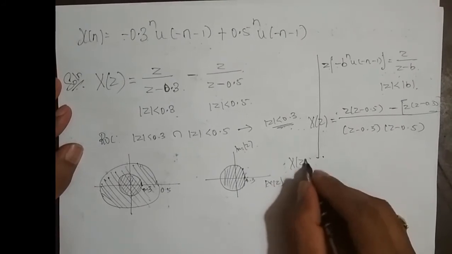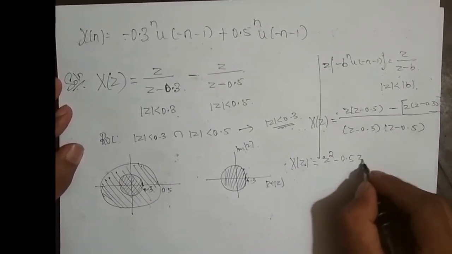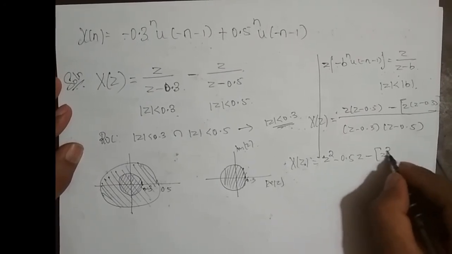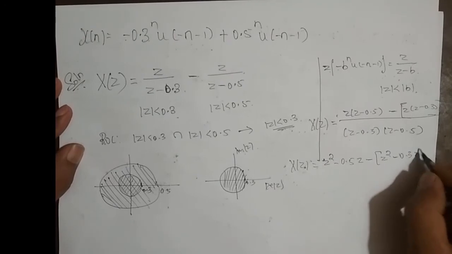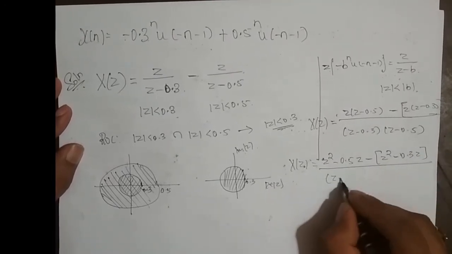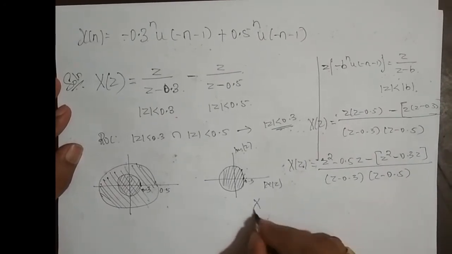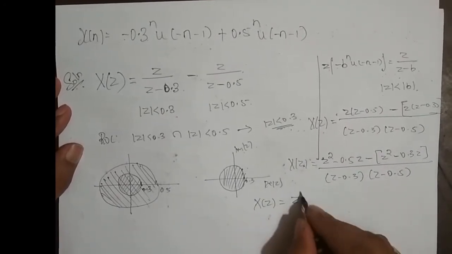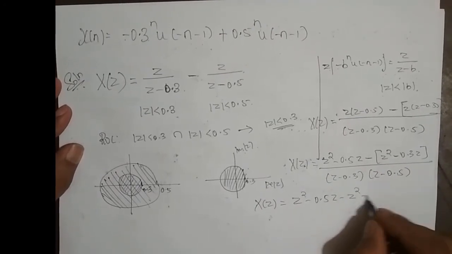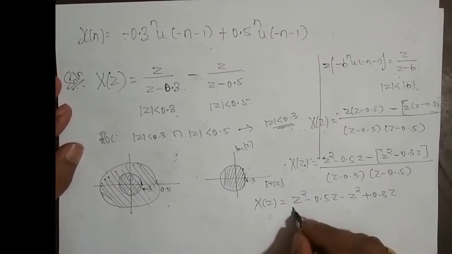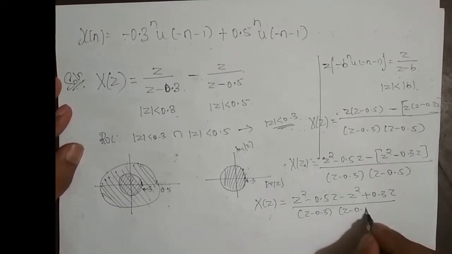And X of z is equal to z square minus 0.5 times z, minus z square minus 0.3 times z, whole divided by z minus 0.3 into z minus 0.5.